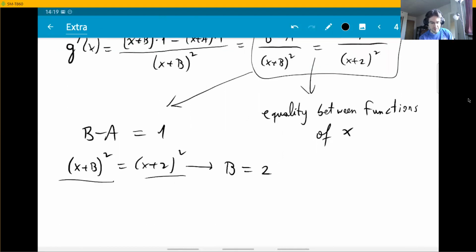Just compare the two things. They must be equal as functions. So that's the parameter b right there. And similarly, now that you know b equals 2, just look in the first one, b minus a is 1, so a is 1. All right, so this derivative told us what the parameters are, at least a and b.